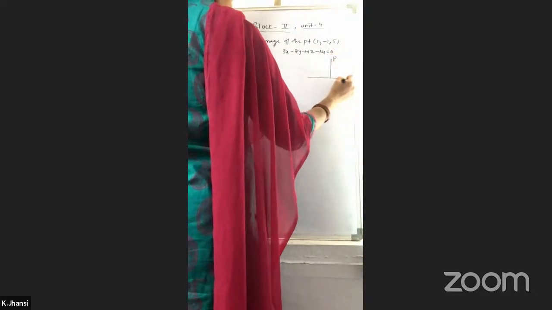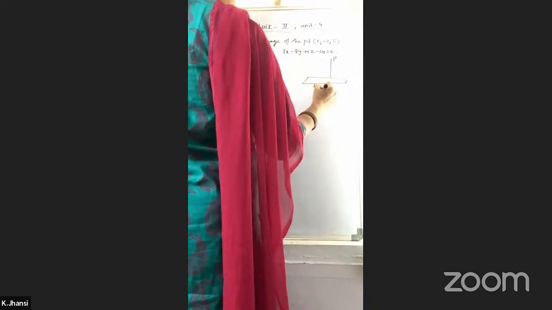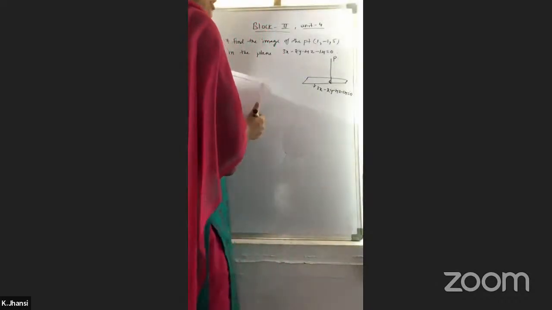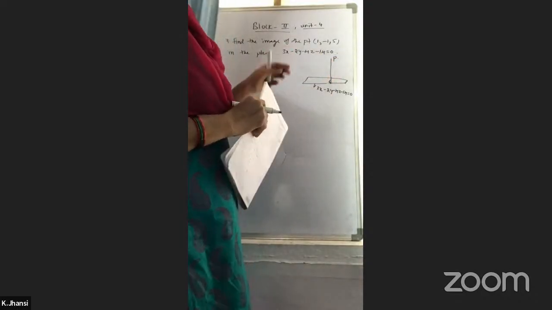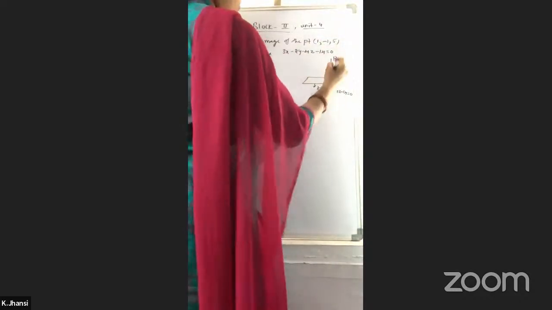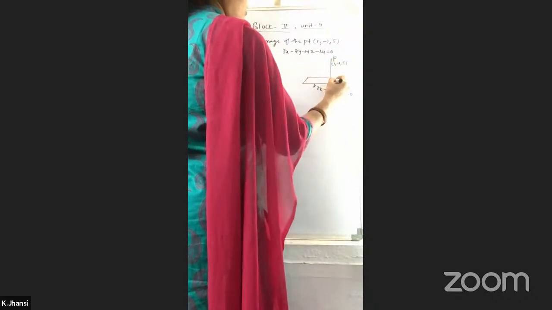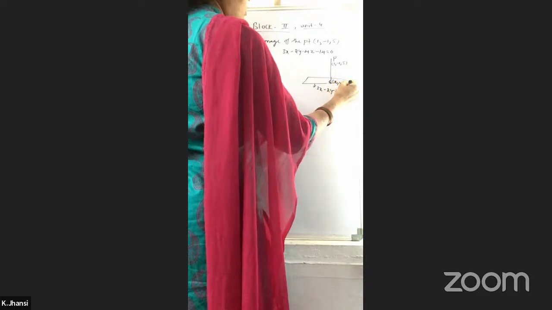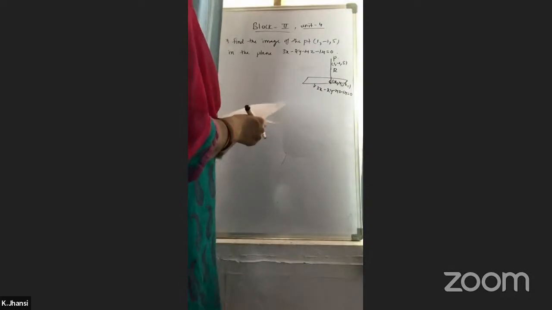Here we have one plane like this. So this plane is 3x minus 2y minus 4z minus 14 equals 0. If you take any point P here, we have to find the image of P, which is Q, no? So we have to find the coordinates of the point Q with the help of the point P and also with the help of the plane. P is 1, minus 1, 5, and here Q we are taking as x1, y1, z1. Okay. So R is the midpoint of PQ we have here.